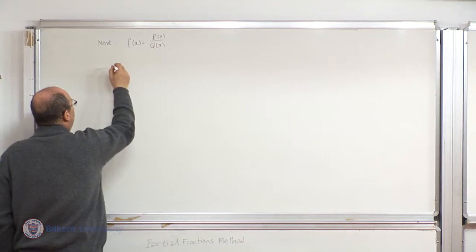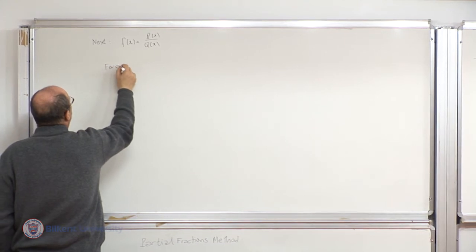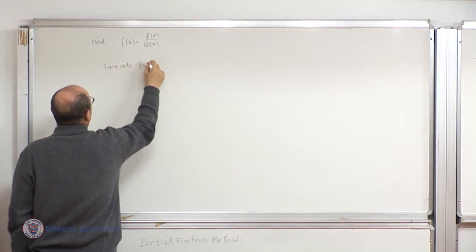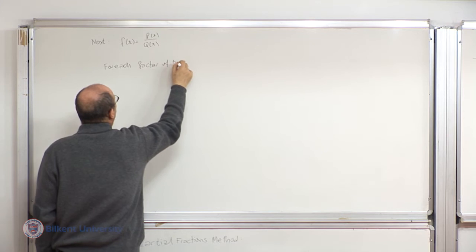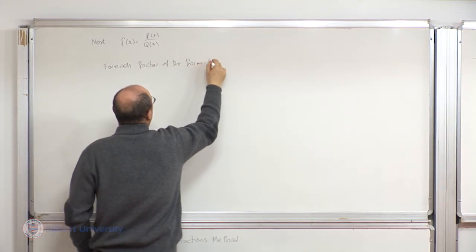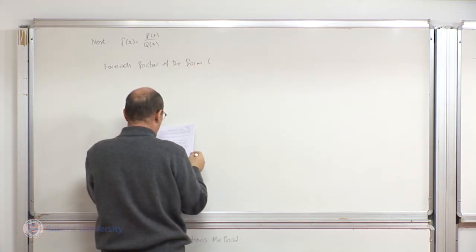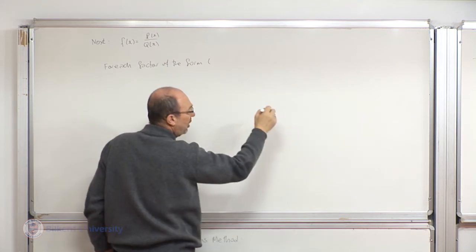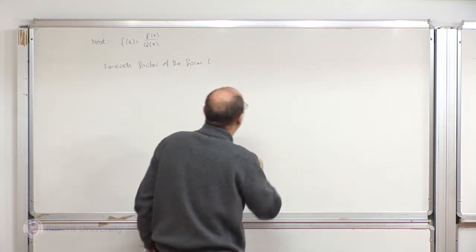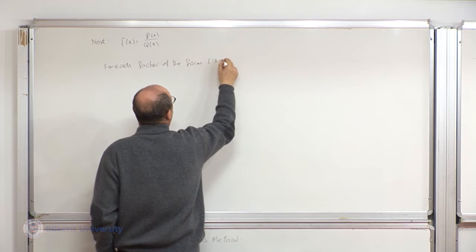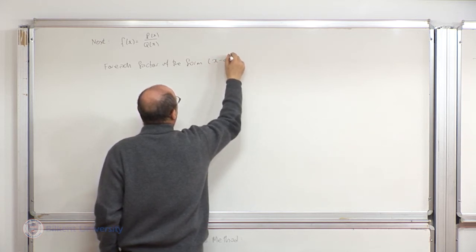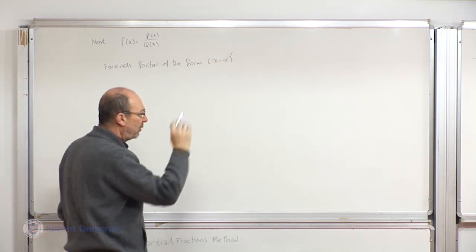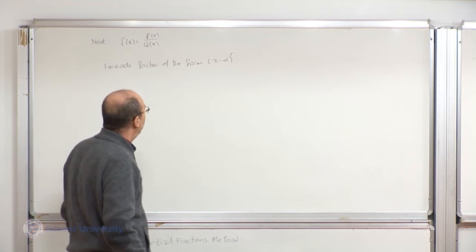Okay, so for each factor of the form, let me copy here what I had. Okay, so here I used alpha. So let's say x minus alpha to the power r. Let me denote all of them like this.